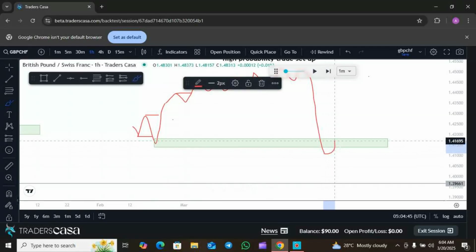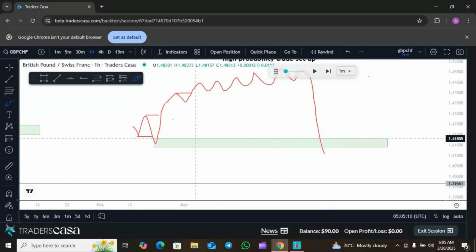Price will always like to utilize liquidity. As I said before, it always likes to build up a liquidity run or a liquidity momentum before it can move up to your intended direction.